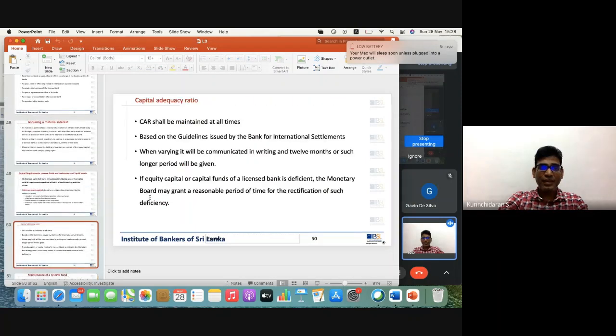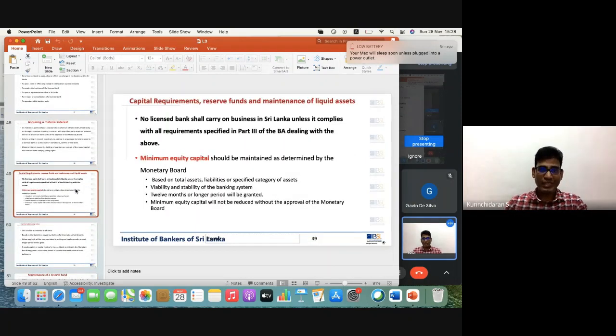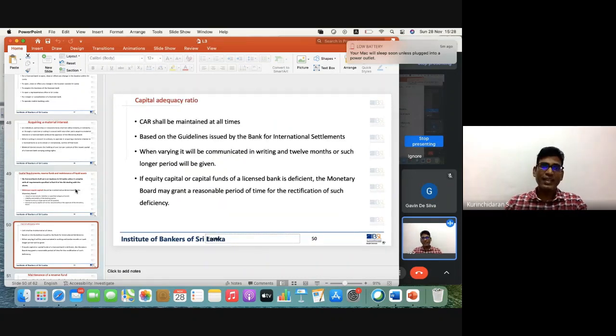I've given here the minimum capital requirements. We already discussed that, and the capital adequacy ratio also we discussed. All the banks should maintain the capital adequacy ratio at all times. It's basically a Basel requirement, so every country customizes those requirements and issues them to the banking sector for compliance.